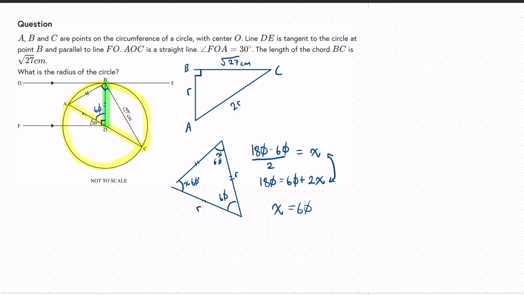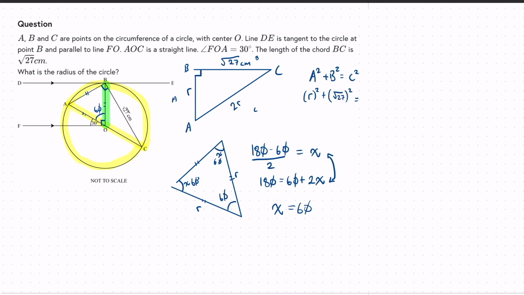So, looking at the top, what am I trying to find? Well, I'm trying to find what r is. And I have a right angle triangle with the 3 sides given. So I can use Pythagoras' theorem. a squared plus b squared, right? We've got a over here, b over here, and c over here, equals c squared. a is r. b is the square root of 27.